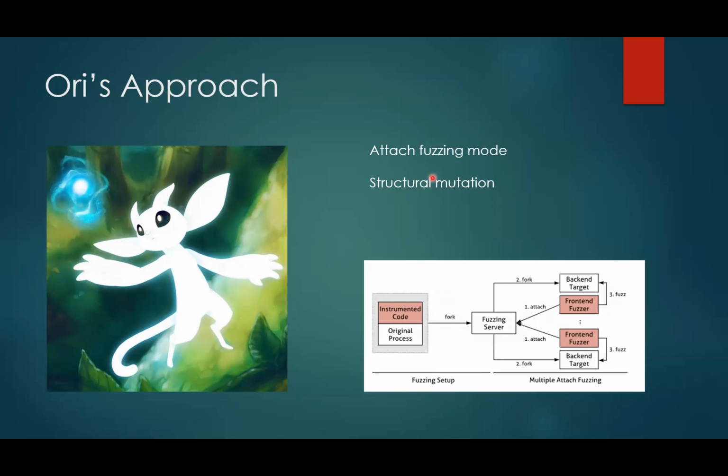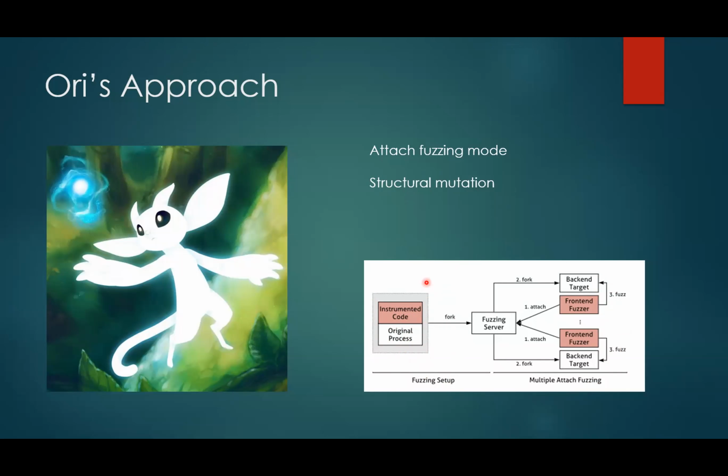So this is an overview of the structure of ORI's approach. Because we are doing gray box fuzzing, we need to instrument the original program as mentioned before.